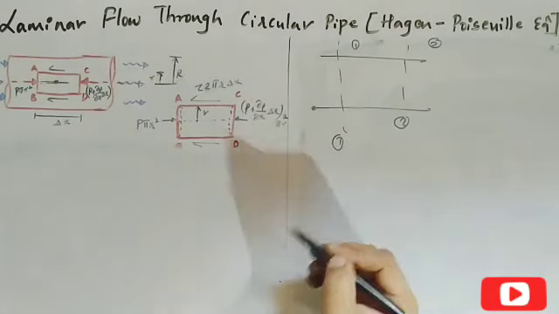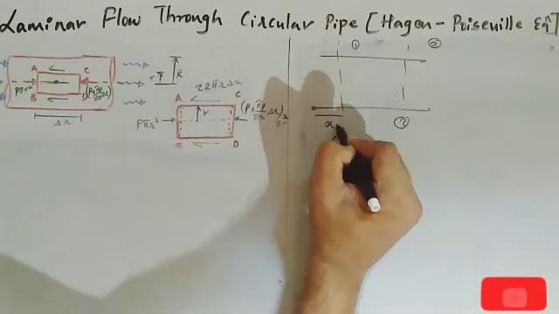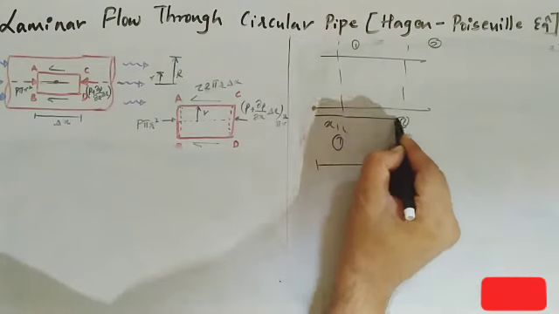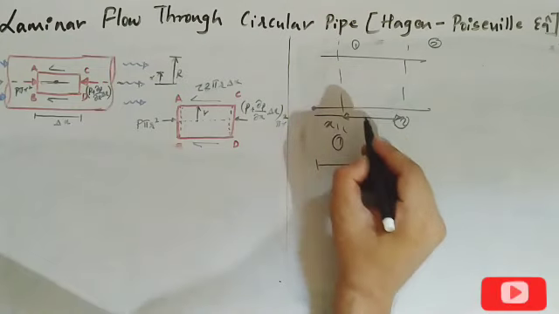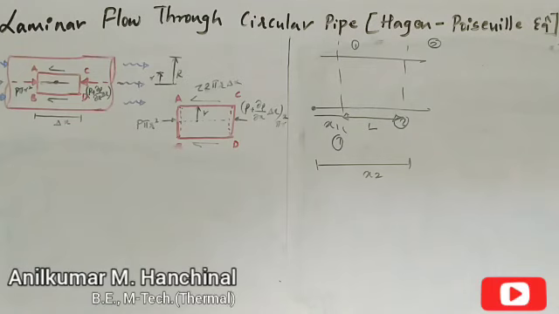Now this is the point where the beginning of flow takes place, and section 1 is at a distance of x1, whereas section 2 is at a distance of x2, and the distance between section 1 and section 2 is length L. Okay, now if I integrate the average velocity with respect to x, then I will get a pressure difference, that is the pressure difference between section 1 and section 2.